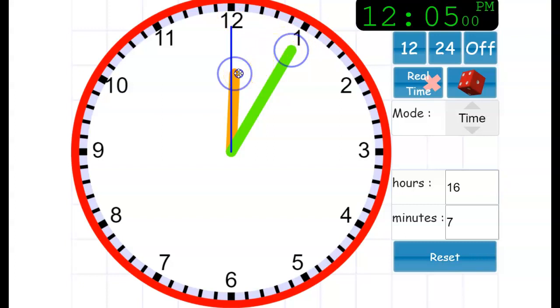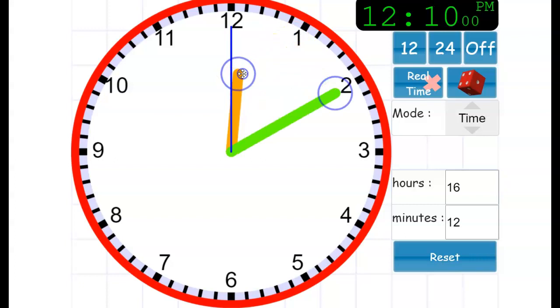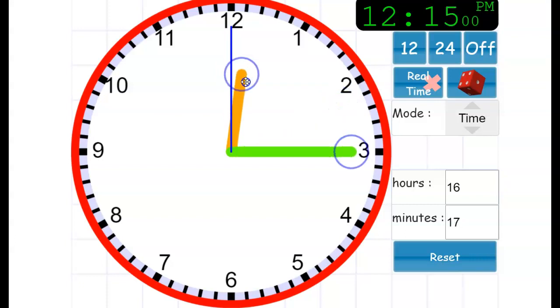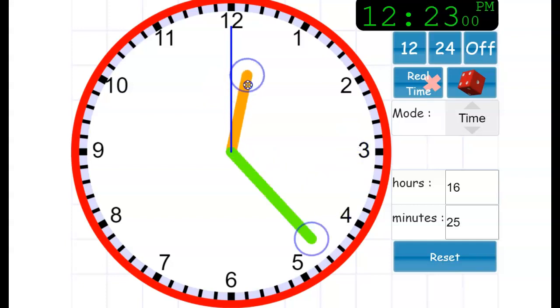Now when I go to the next number, it's 12:10. When I go to the next one, it is 12:15. So the minutes went 5, 10, 15. What do you think is going to be next? What's the 4 going to be? Yeah, it's going to be 20.